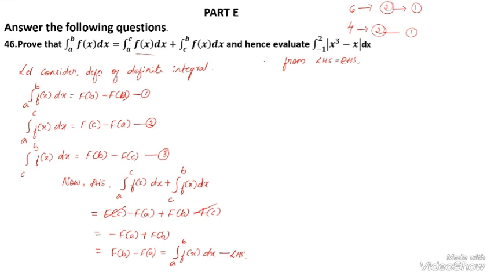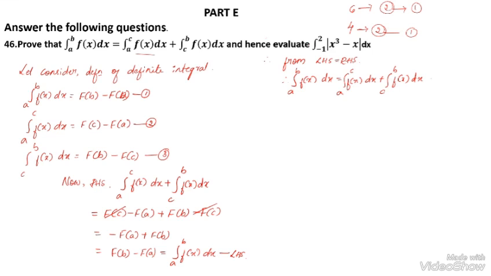From the result, LHS is equal to RHS. Therefore, the result is proved here. That is, integration a to b f of x dx can be written as a to c f of x dx plus c to b f of x dx.